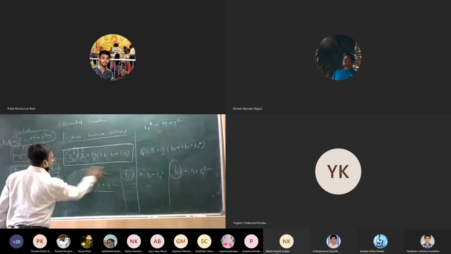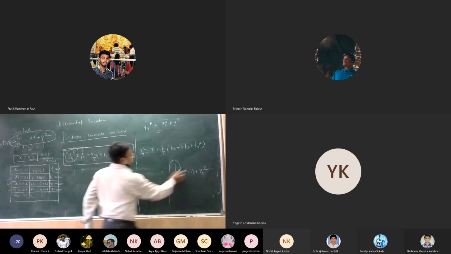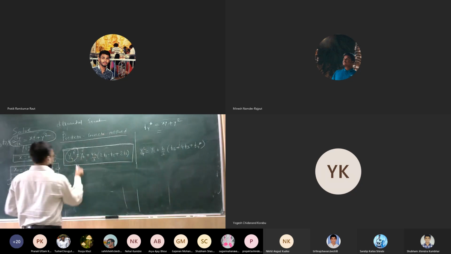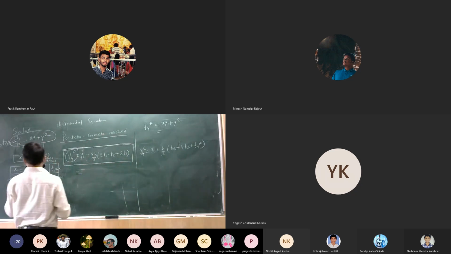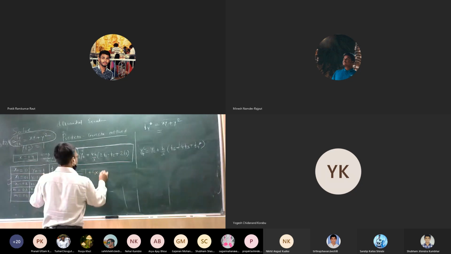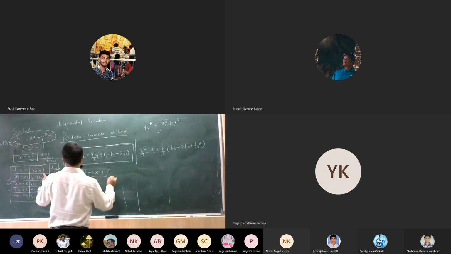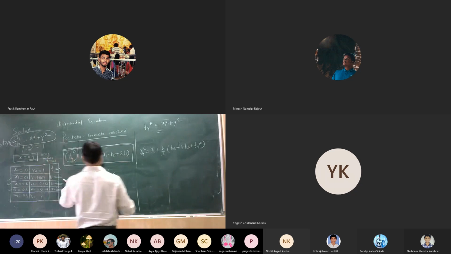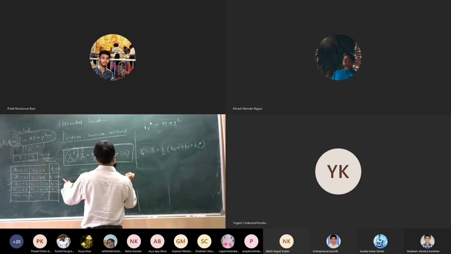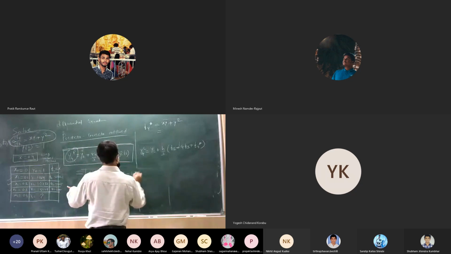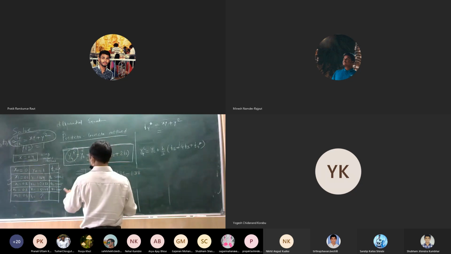So using this particular formula, calculate F1, F2, and F3. Now use this particular formula to calculate y4 predictor. y4 is equal to y0 plus 4 into h, 0.1 divided by 3, 2 into F1, F1 is here. We have calculated 1.35 minus 1.88 plus 2 into F3, 2.71.